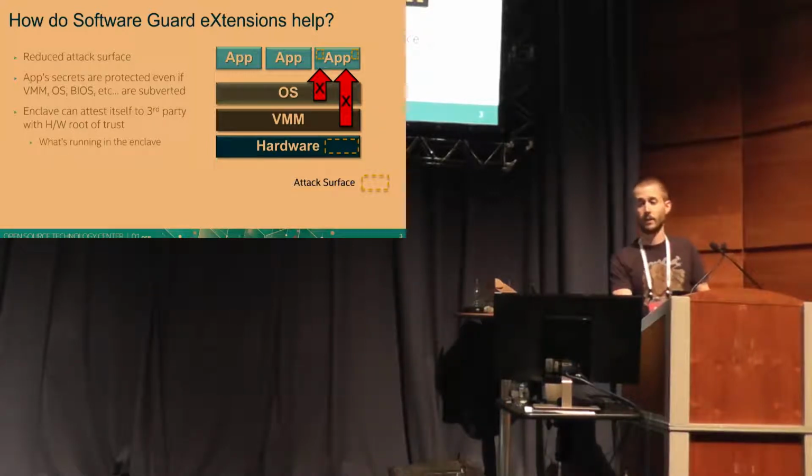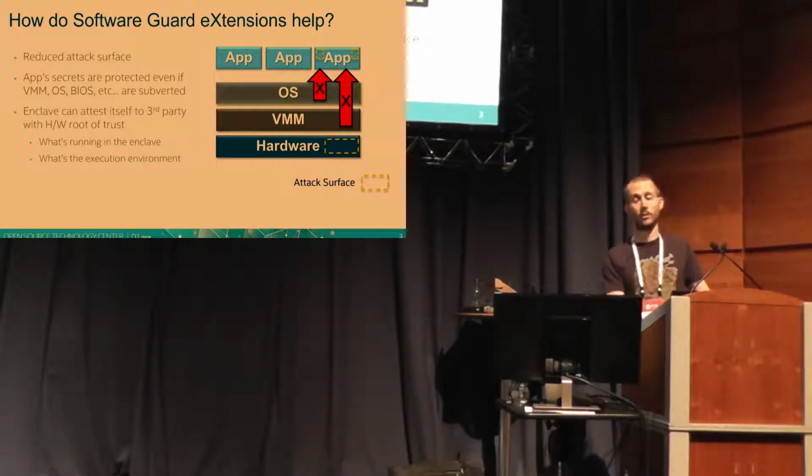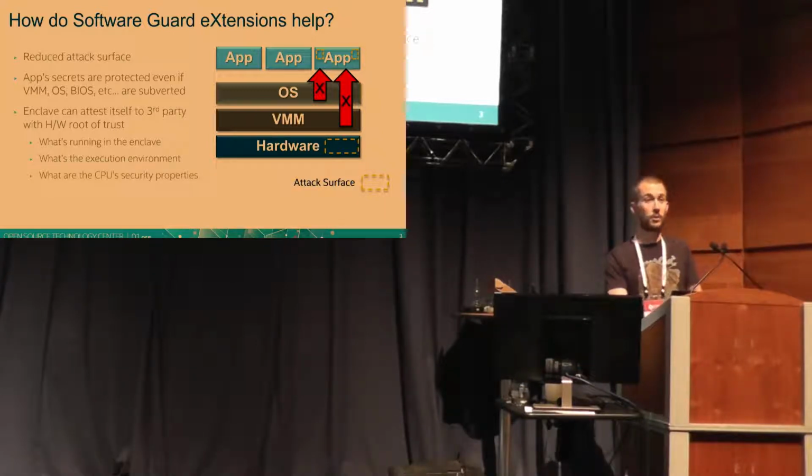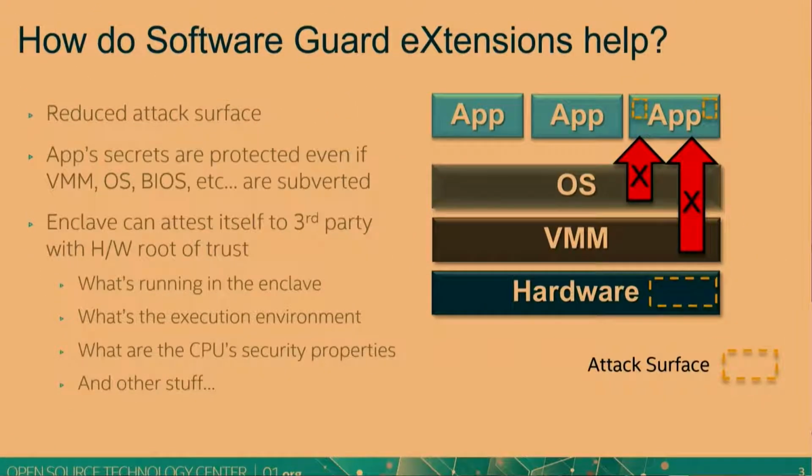And that attestation includes information about what's running in the enclave, what the execution environment is. So this is like the hardware execution environment, the CPU's security properties. So whether the enclave is protected from replay attacks, what type of integrity guarantees it can provide, et cetera. And lots of other stuff gets included in that attestation report.